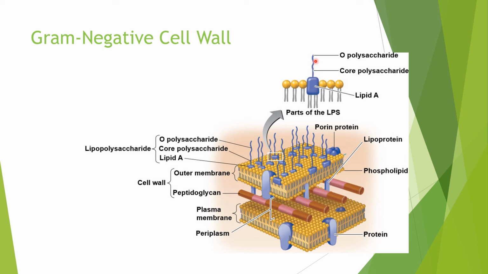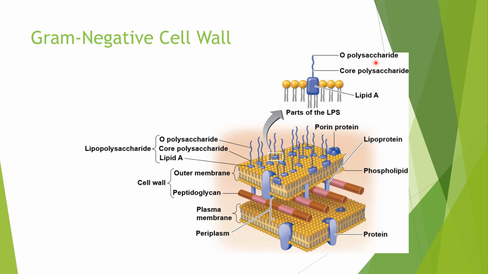Another thing attached to that lipid A is the O polysaccharide, and that O polysaccharide basically acts as a self-antigen. So it acts as an antigen that's going to help us identify this bacteria. It would help us distinguish which gram-negative bacteria we are talking about.